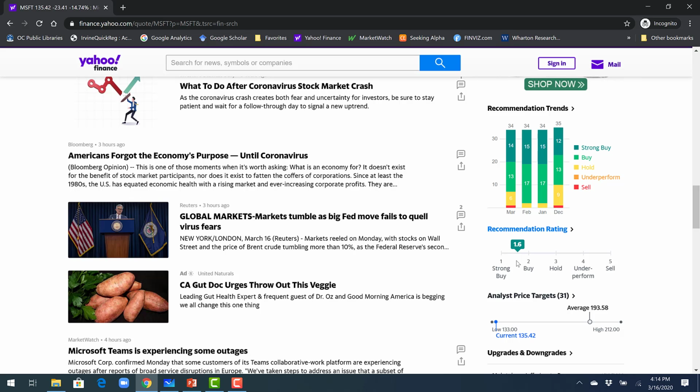1.6, and 1.6 is basically what? So 1 is a strong buy, 2 is buy, 1.6 is kind of in between. So it's basically a buy recommendation, right? So on average, analysts are saying that Microsoft stock is a buy, right? So the question is how well these recommendations perform. Can I follow the analysts?